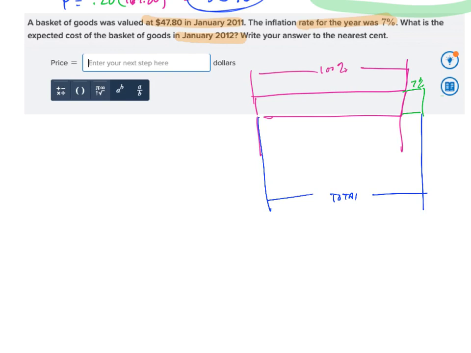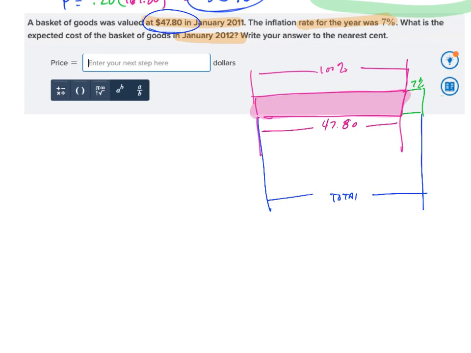So again, we could do it one of two ways. We know that the original cost was $47.80. So that means this is $47.80 from here to here. This is our bar model, okay? Let me shade this in so you can see this bar.